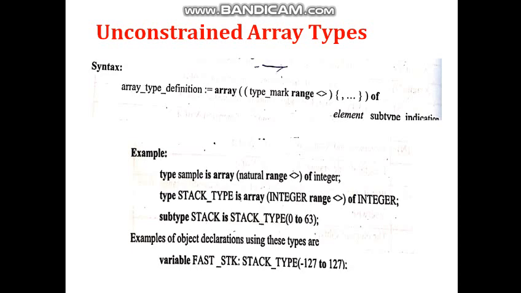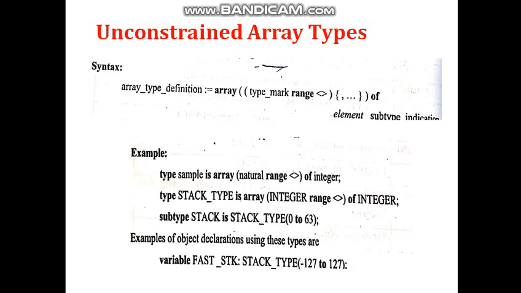In an unconstrained array type, when we declare an object of a certain type, we need to provide a constraint that specifies the index bound. We can do this in several ways. One way is to provide the constraint when an object is created.